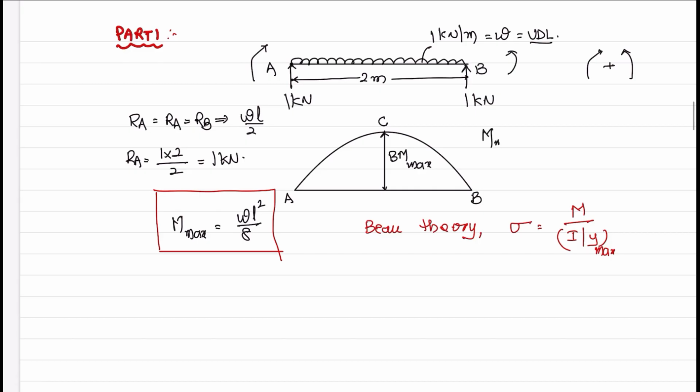M max is equal to WL square by 8, that is 1 into 2 square by 8, 4 by 8, equal to 0.5 kilonewton meter. This is the value of the bending moment. I think you are able to understand this. Maximum bending moment is equal to WL square by 8.